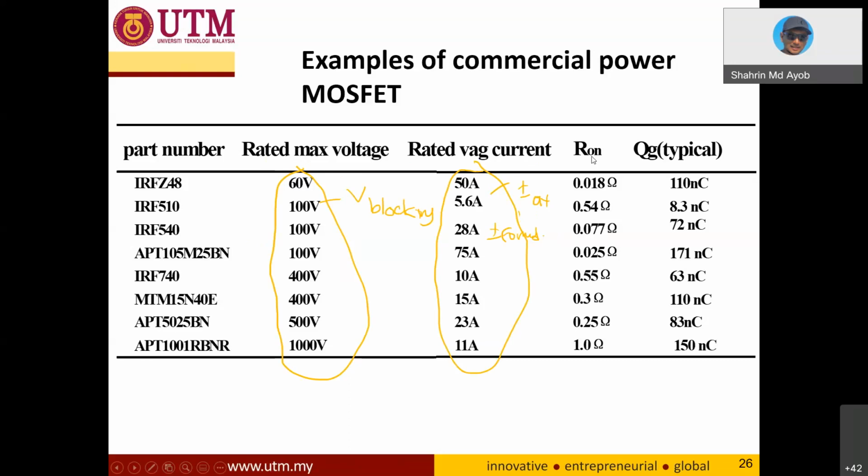And this one is R on, which refers to the RDS on. Only the MOSFET data sheet has this RDS on data, because this is very crucial in selecting which MOSFET is suitable for your applications.